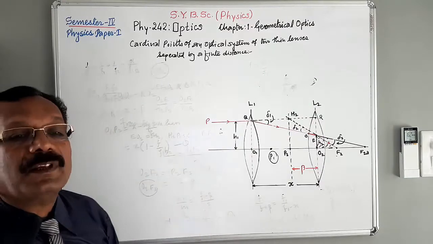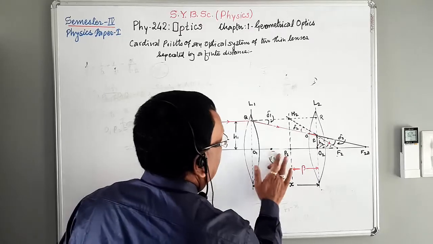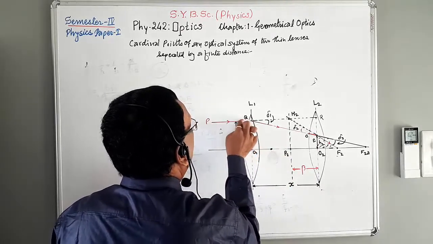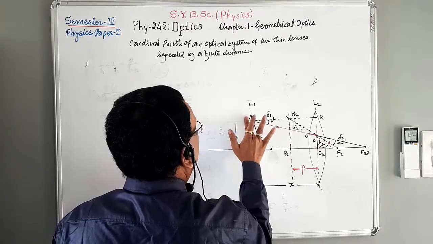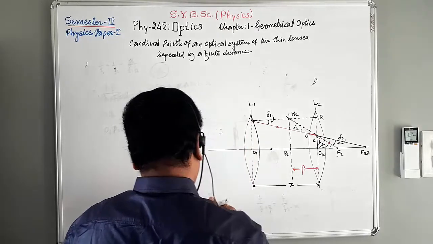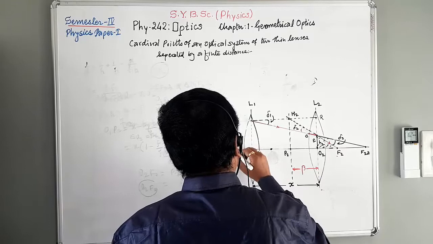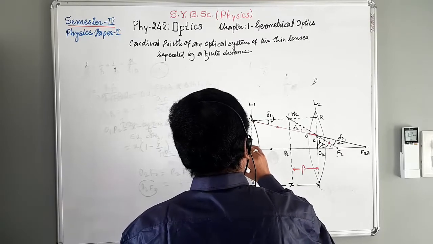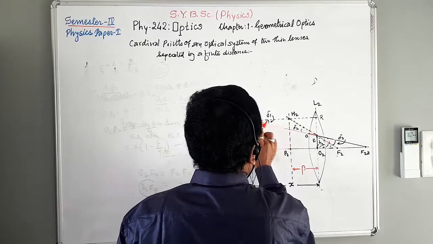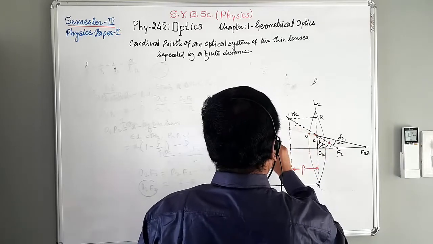Now we are going to find out the position of this principal point P1 by the same manner. So instead of this ray, we are going to make some changes, a little bit of changes.